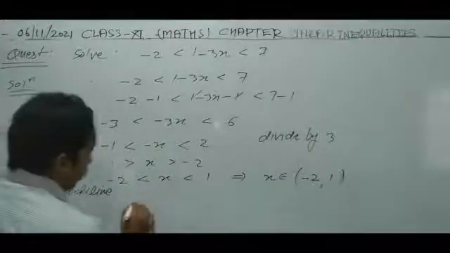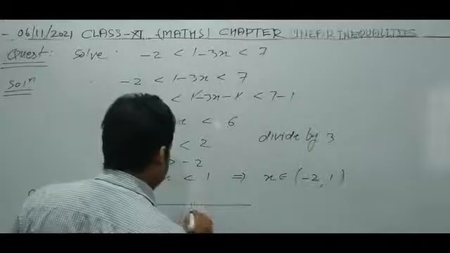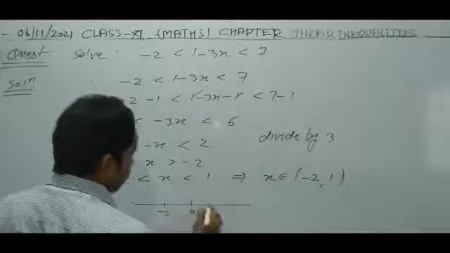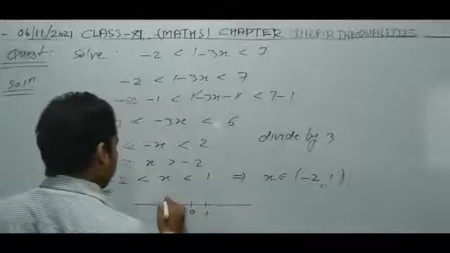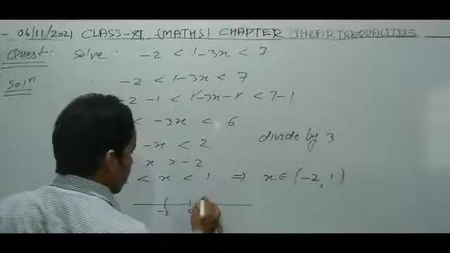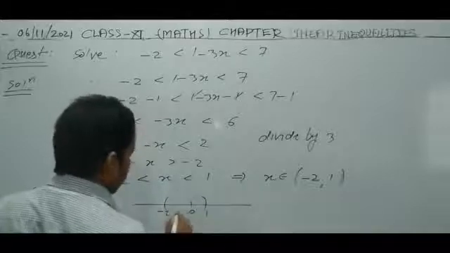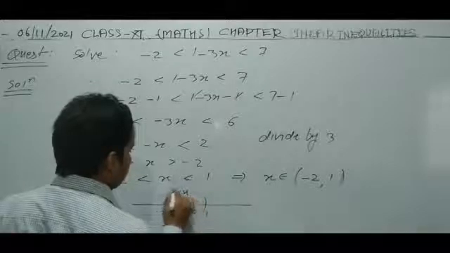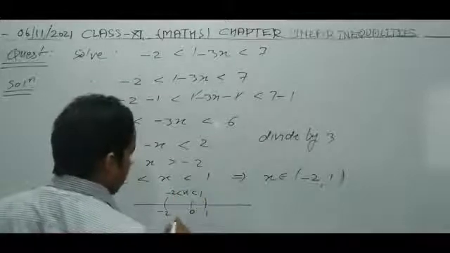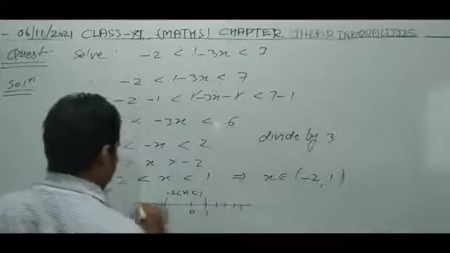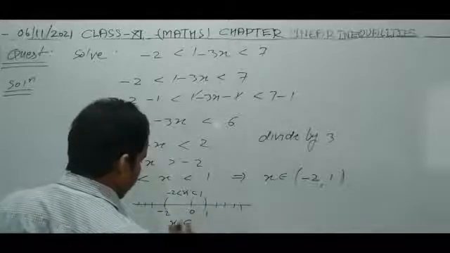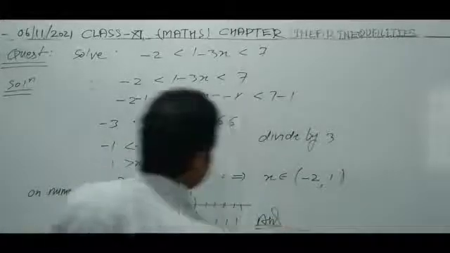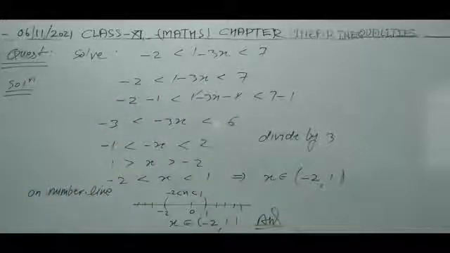On the number line, suppose this is 0, this is minus 2 and this is 1. So the interval will be x is more than minus 2 and less than 1, or x belongs to the open interval minus 2 to 1. Now this is the answer.